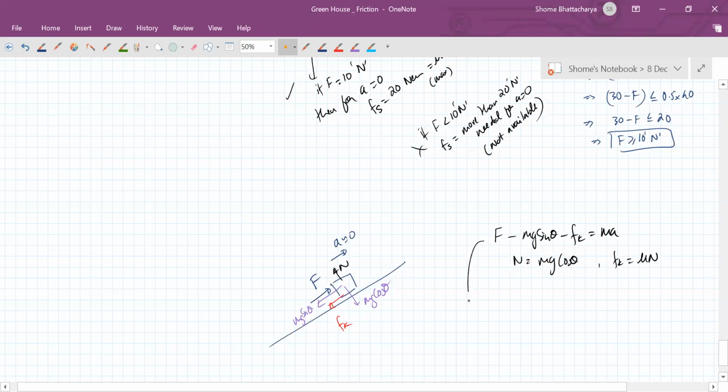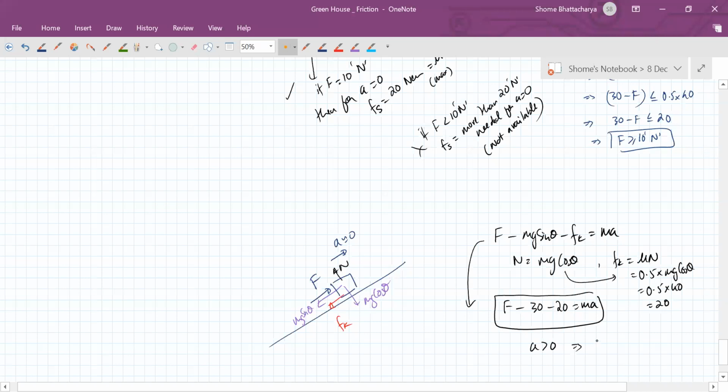So this equation here will become F minus 30 minus, now kinetic friction will become 0.5 into mg cos theta, that is 0.5 into 40 or 20. This is equal to ma. So A being greater than 0, F has to be greater than 50 newtons.